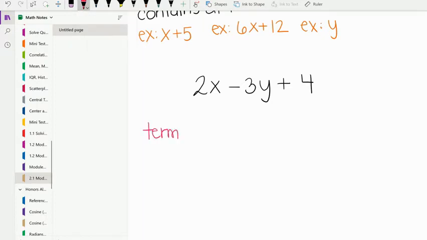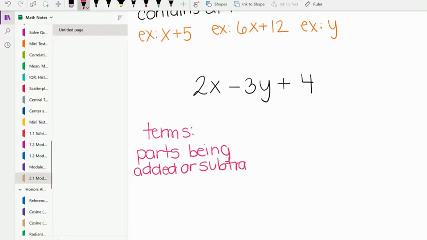I'm trying to put this in simple terms. Terms are just parts being added or subtracted.